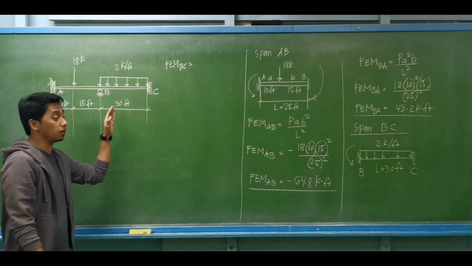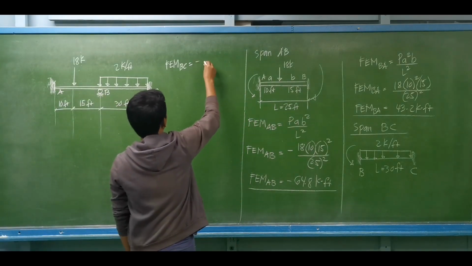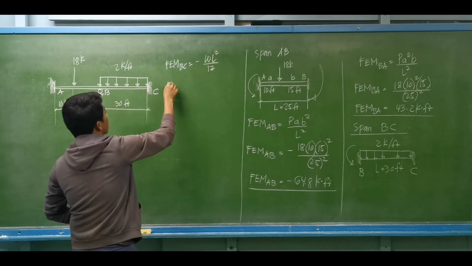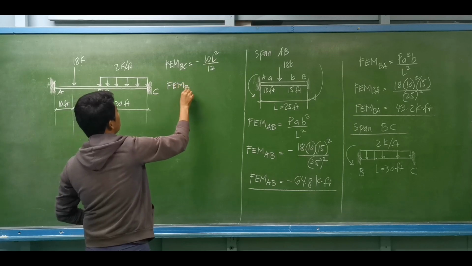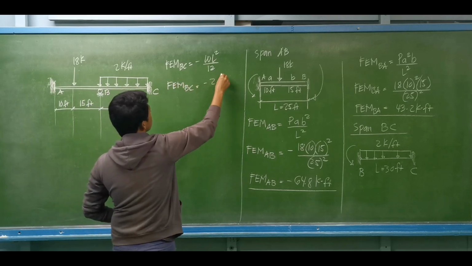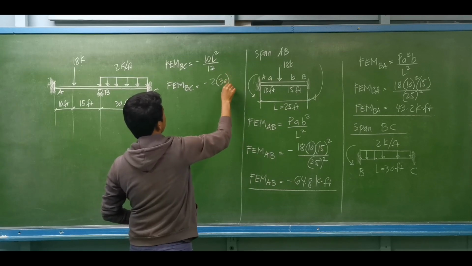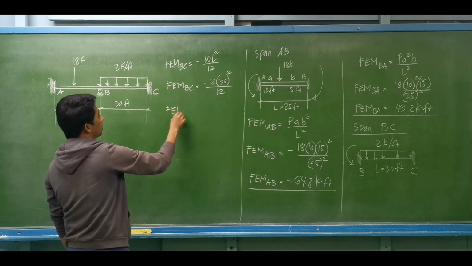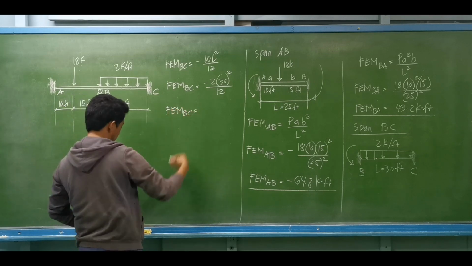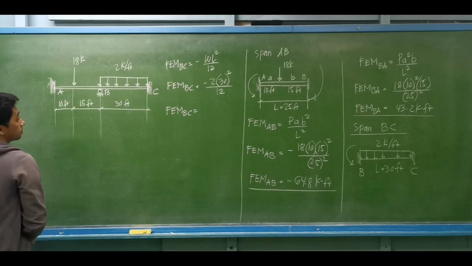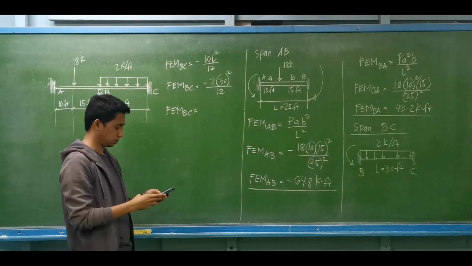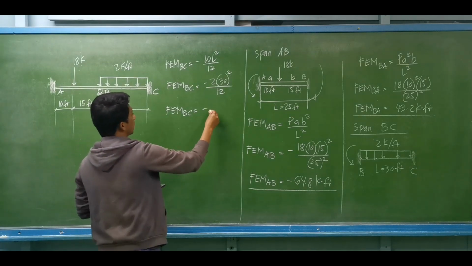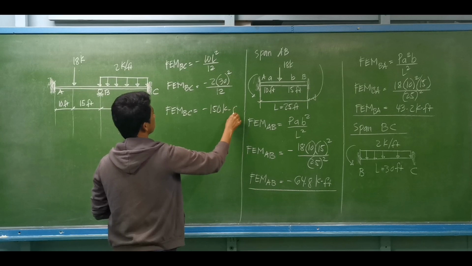The fixed end moment on the left side is assumed to be negative. That is the uniform load times the length squared divided by 12. So the fixed end moment for member BC is equal to negative 2 times the span of 30 feet squared, divided by 12, which is equal to negative 150 kips-foot.